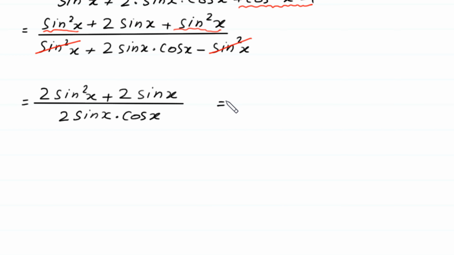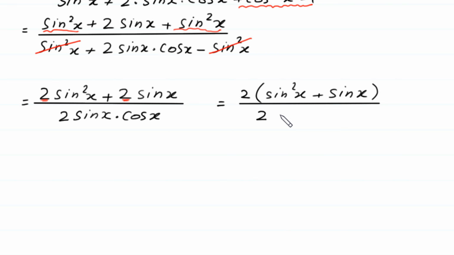Next, now from here we can factor out this 2 times in bracket left sine square x plus sine of x divided by 2 times sine of x times cos of x.